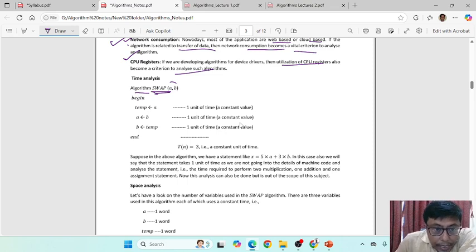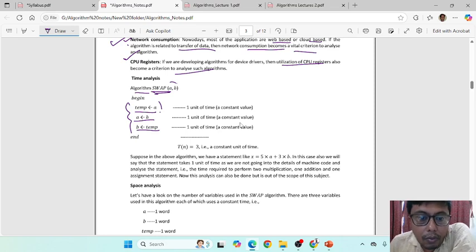Within this begin and end block, there are three statements: the value of A is assigned to temp, the value of B is assigned to A, and the value of temp is assigned to B. Each of these three statements requires one unit of time. In algorithmic terms, this represents a constant time, a constant value.